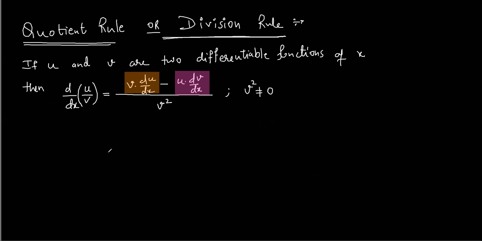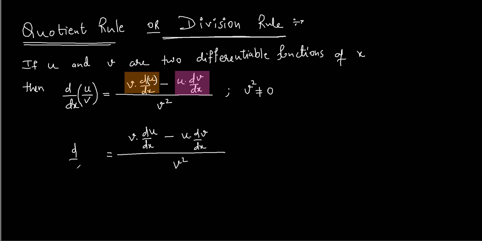You will always differentiate the numerator first: the derivative of numerator is written first multiplied by the denominator. Then you subtract the derivative of denominator multiplied with u, the numerator, all over denominator square.